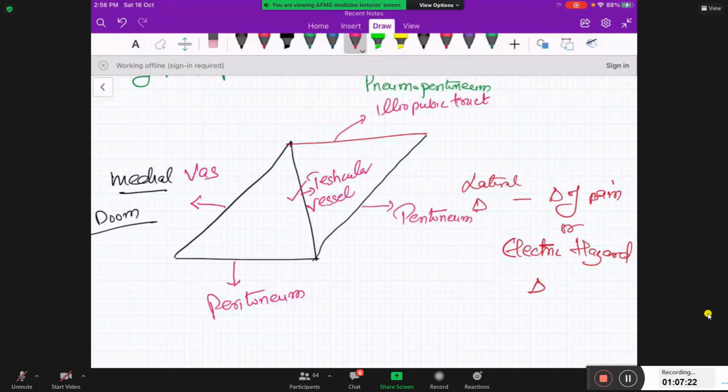Now, in this electric hazard triangle, the contents are also important.